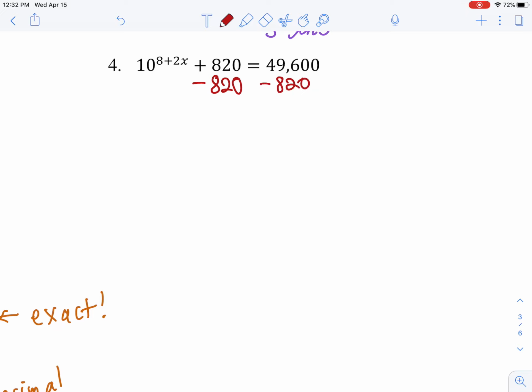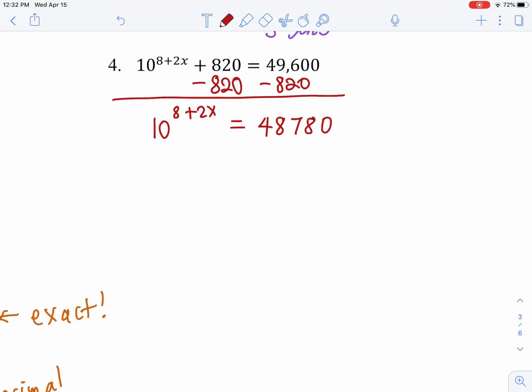Okay, let's solve this. I'm going to subtract 820 from both sides. If I do that, I'll get 10 to the 8 plus 2x power equals 49,600 minus 820, and that got me 48,780.